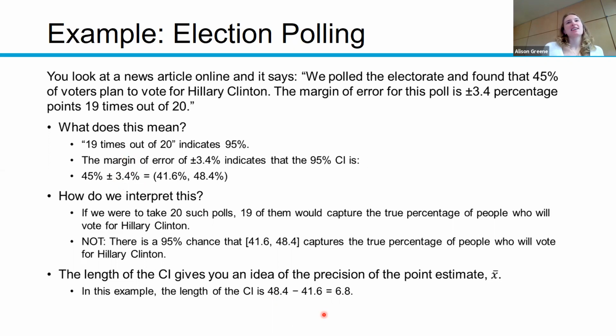Is that a lot? I'm not really sure. It might depend on the unit of what you're measuring. If a 1 unit increase means a lot for your data, then it might be important. But if a 1 unit increase is really negligible, then a margin of error of 6.8 is probably not a lot at all.